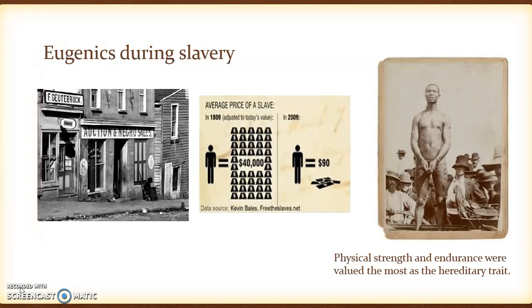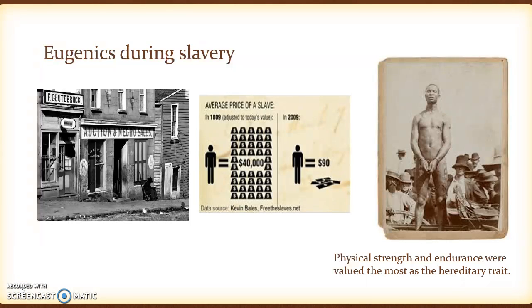The most valuable hereditary traits were strength and endurance for men, and women were judged in the same way by their skills: if they can cook or be a personal servant or have a good breeding potential.